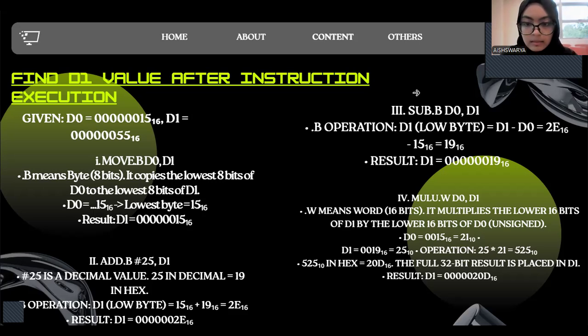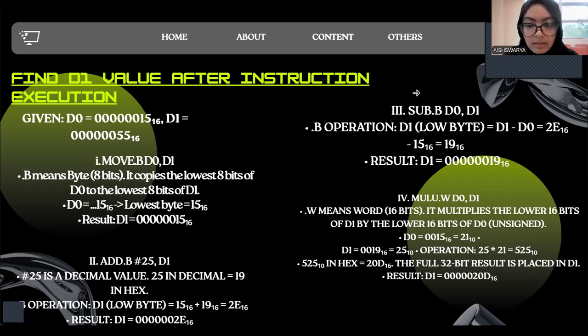Fourth is MULU.W D0, D1. W means word, 16 bits. It multiplies the lower 16 bits of D1 by the lower 16 bits of D0. D0 is 0015, D1 is 0019.